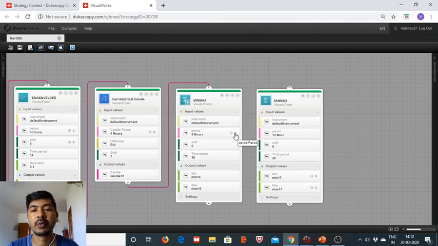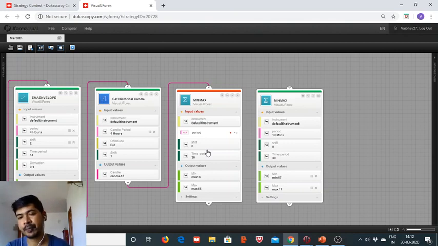No, not 4 hours exactly. I think it will be better if we want the 5 hours data, and for that we will need 300 minutes data.